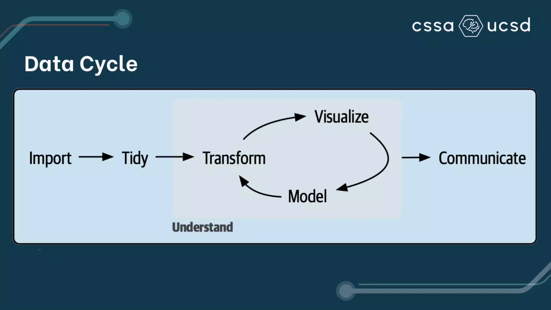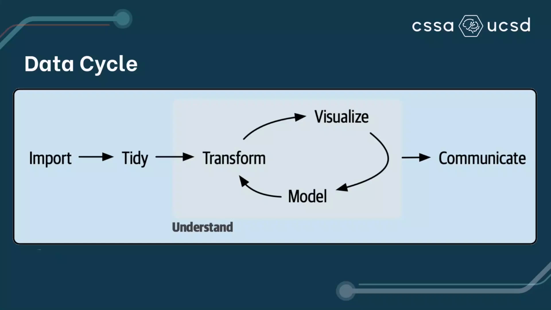So this is a quick overview of the data cycle. We will be performing all of these tasks today. Let's start with importing. This is when you just import your data, usually a large data set with many columns and rows, which is why we must tidy them. We're gonna choose certain variables that we're interested in, and then this is the fun part.